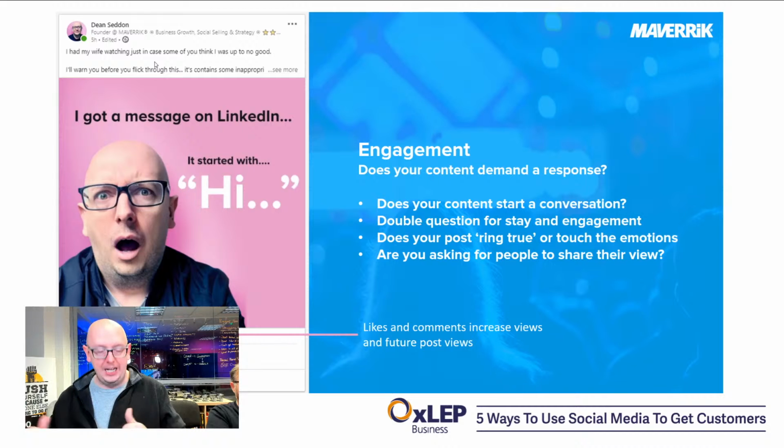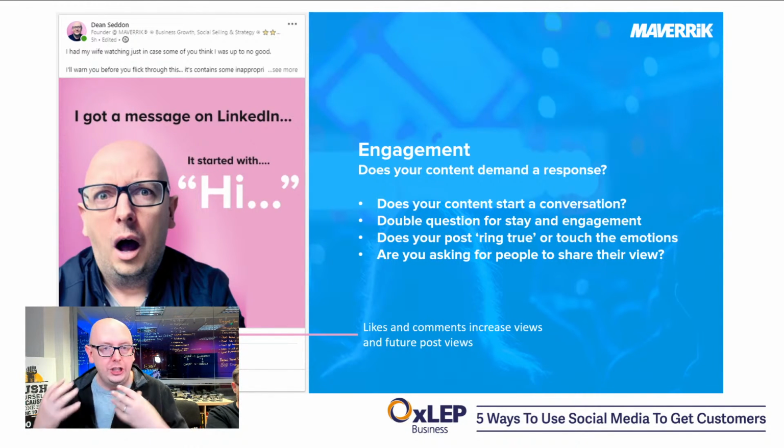Next one, engagement. Now, you might think, well, actually, likes and comments don't matter to me. It's about the right people seeing it. Well, that's a wrong argument. It's a quality versus quantity argument, and what you want is quality and quantity.